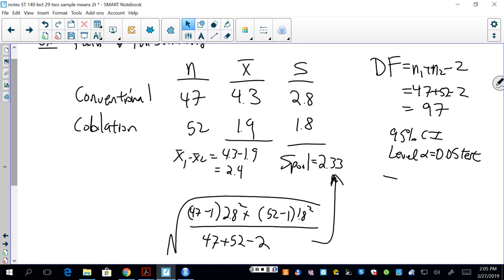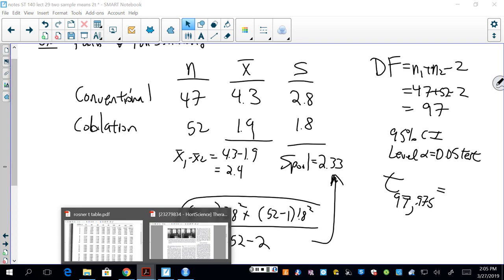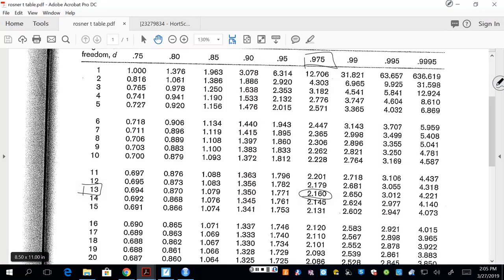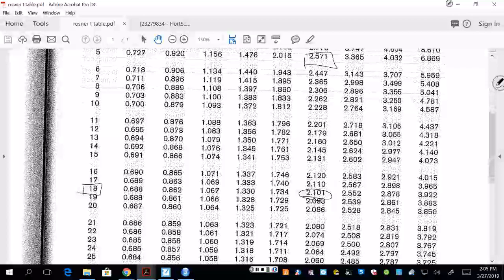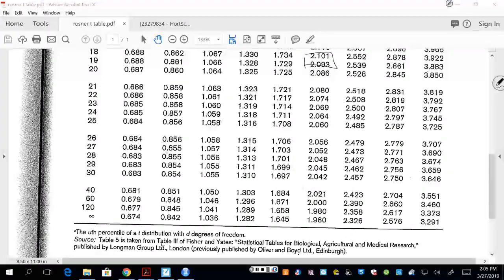we're going to look at a t-value with those 97 degrees of freedom and that 0.975 column. So we'll return to that, but let's look at the t table. Under that column, our table doesn't exactly give us that. 97 is in here, and then this one is the values for 60 and 120.